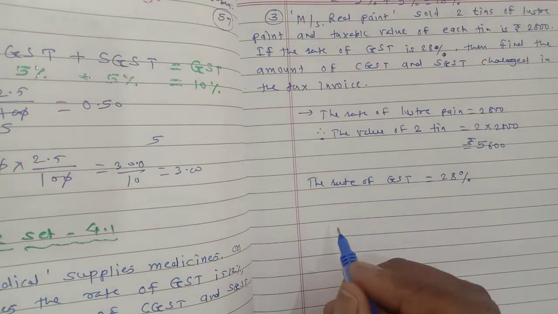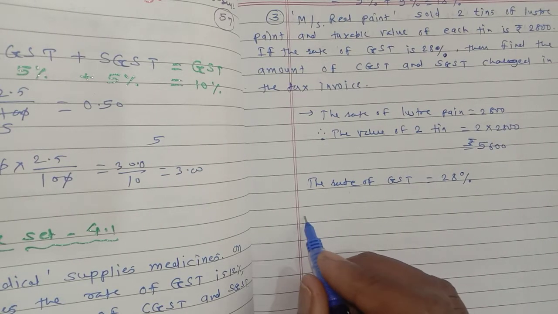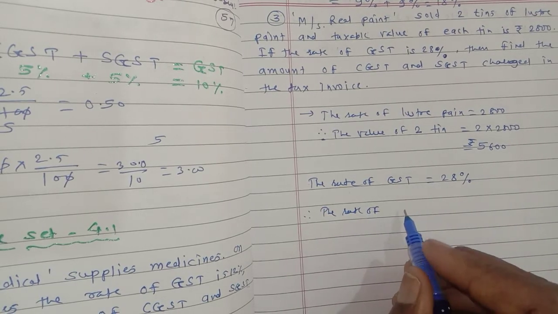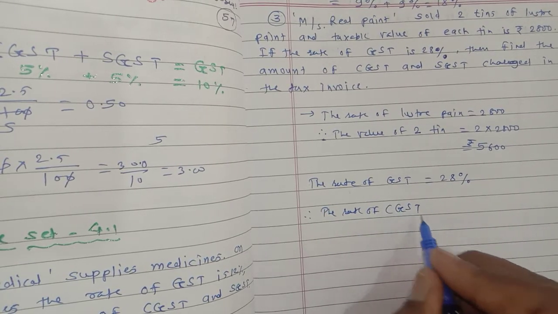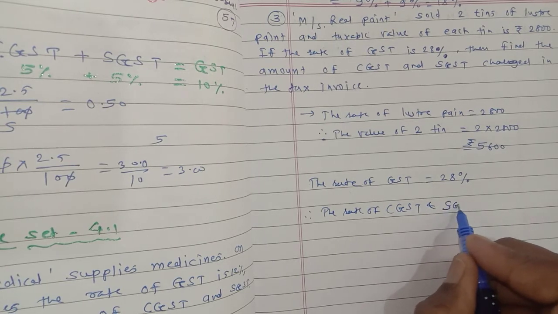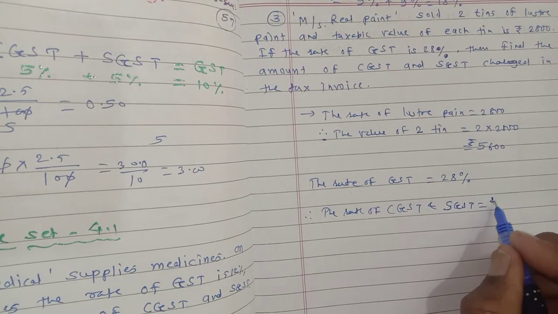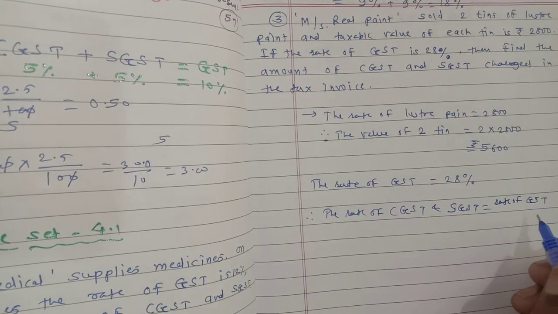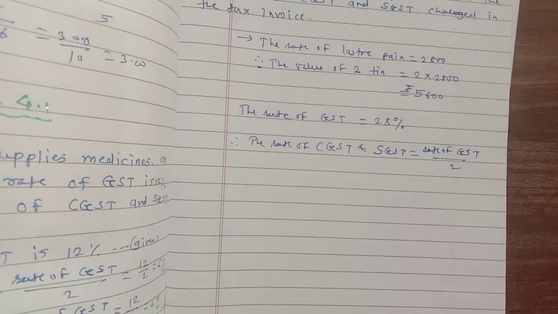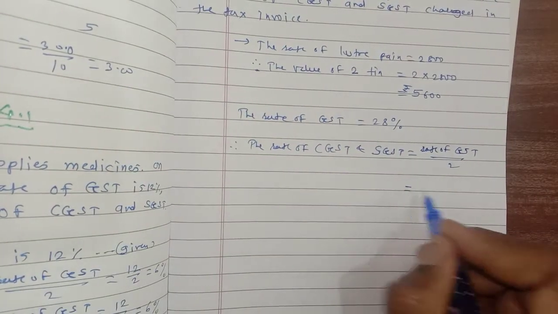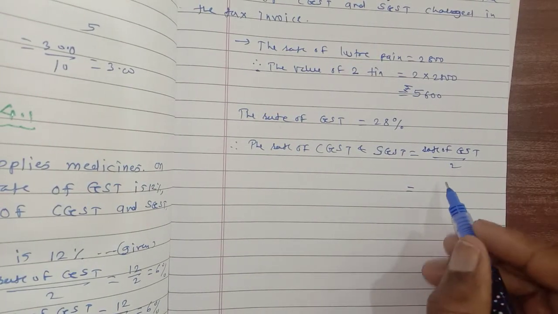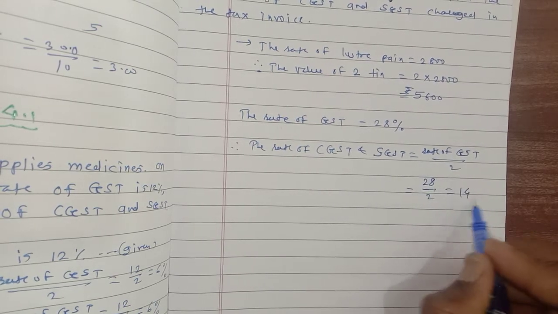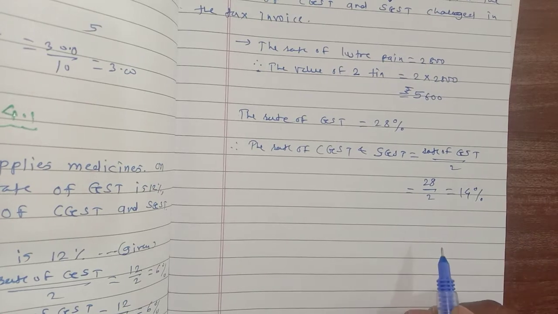Therefore, the rate of CGST and SGST is equal to rate of GST upon 2. Means we get the rate of CGST and SGST is 28 upon 2, which is 14%.